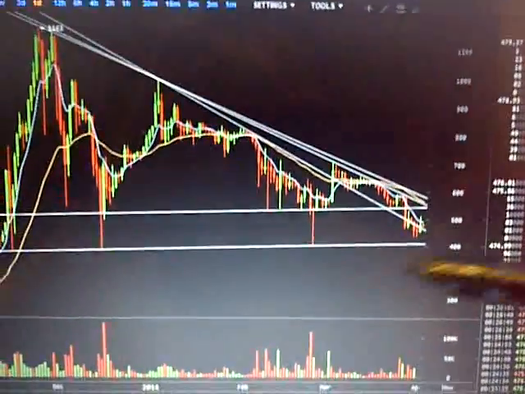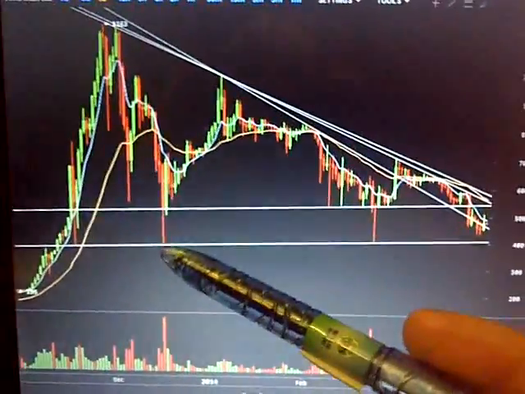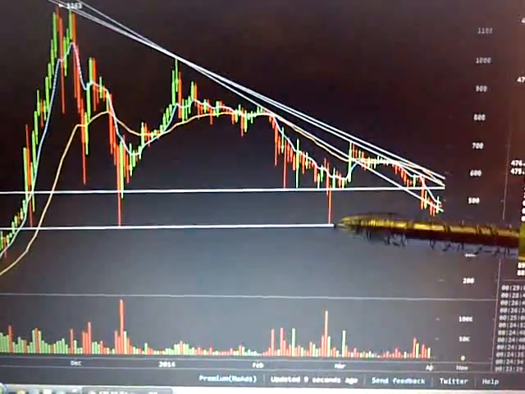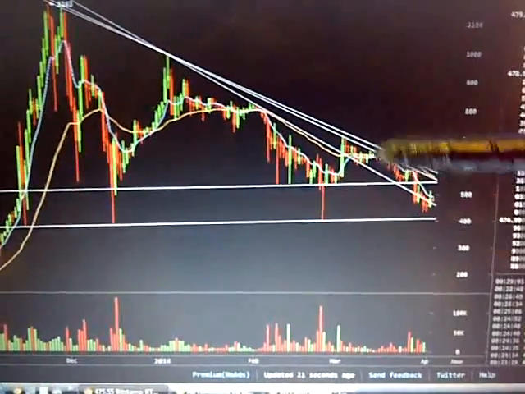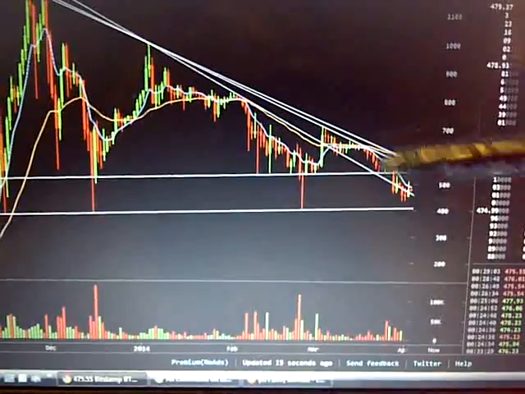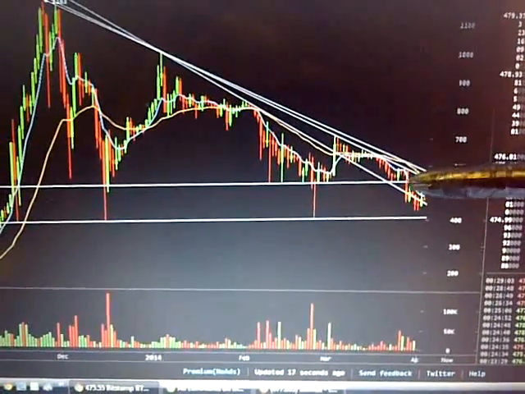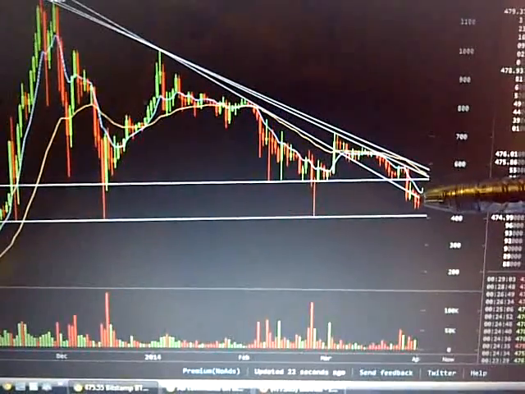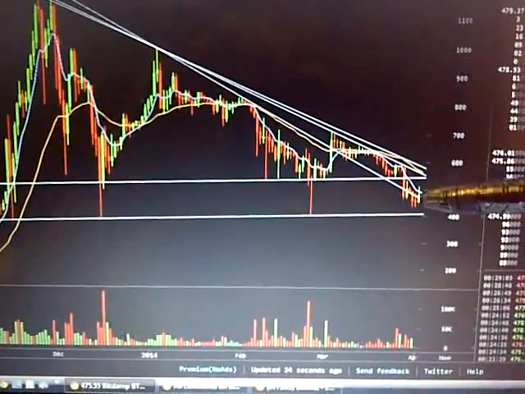Now, what I've noticed is these are usually like a spike down and they bounce back up, spike down and they bounce back up. This is a little different in that this is not a spike down and a rise back up. This is a gentle landing, I guess. I don't know how to say it.